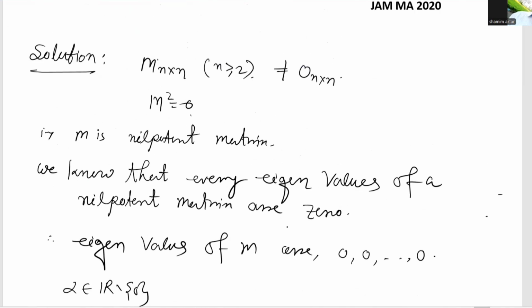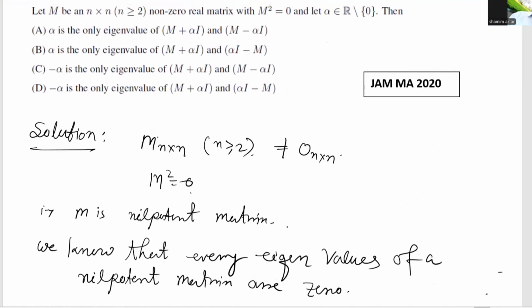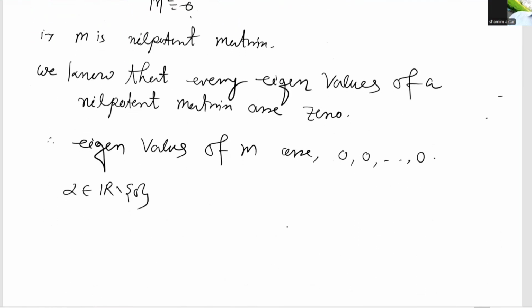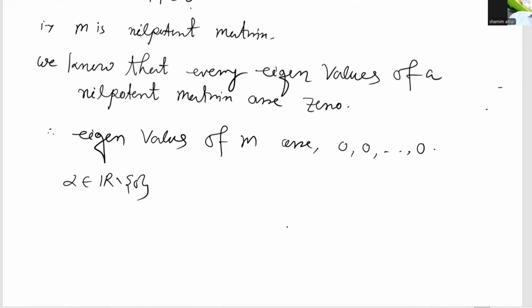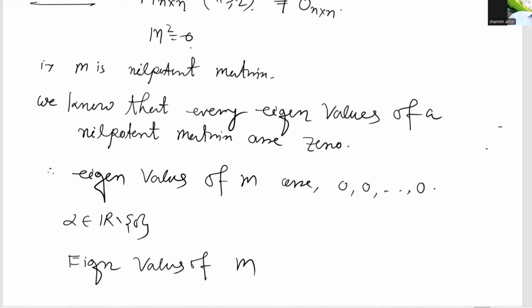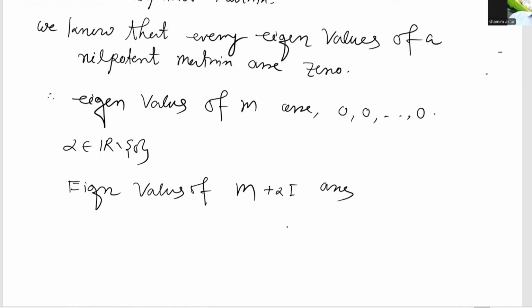Now find the eigenvalues of M plus alpha I and M minus alpha I for the first option. The eigenvalues of M plus alpha I are 0 plus alpha, dot dot, 0 plus alpha, that is alpha, dot dot, alpha, n times alpha.